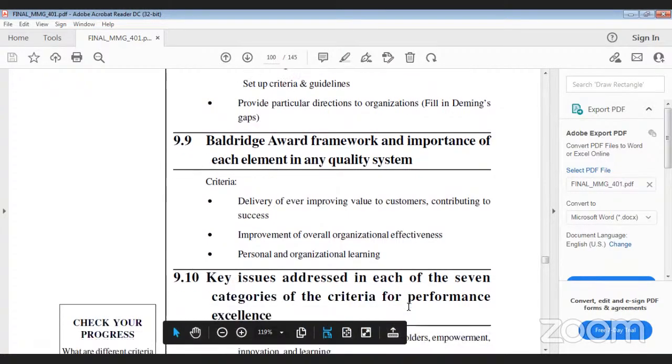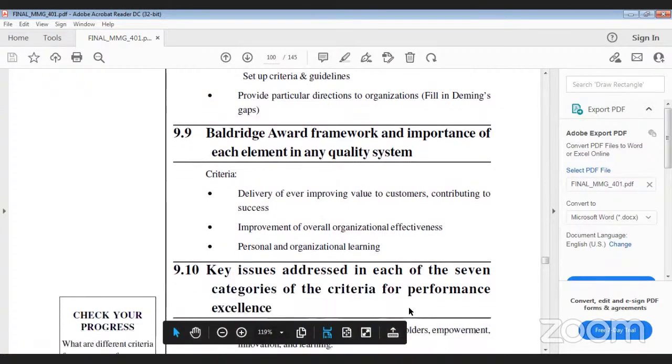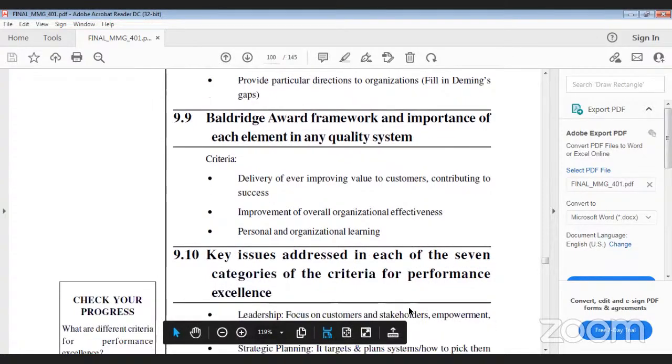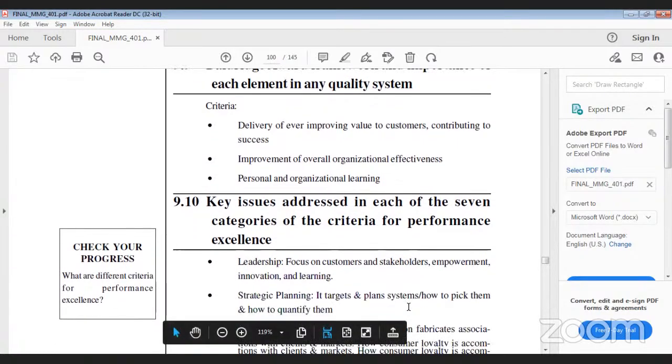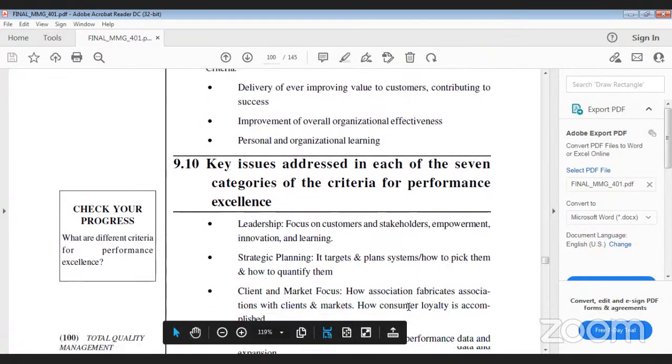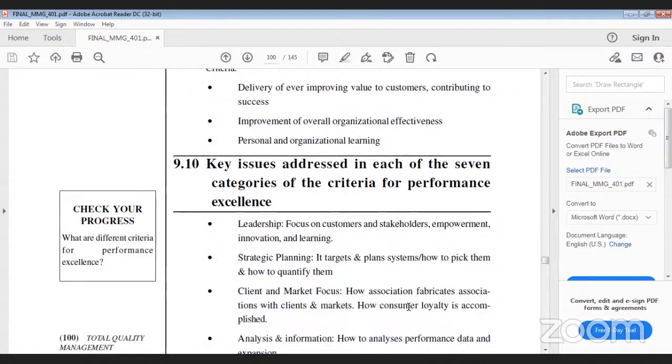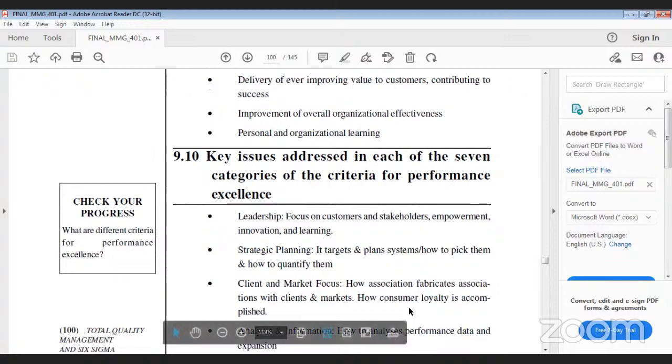There are some points of the issues addressed in each of the seven categories of the criteria for performance excellence. First one is leadership. Here focus on the customers and stakeholders, innovating and learning also.